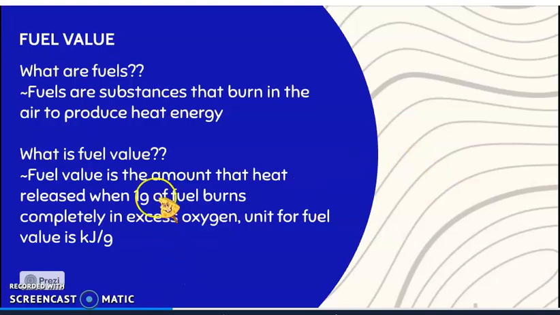Okay, maksudnya fuel value ini adalah jumlah haba yang dibebaskan apabila 1 gram bahan api terbakar dengan lengkap dalam oksigen. And the unit for fuel value is kilojoule per gram. Kalau unit for heat of combustion, kilojoule per mole. But for fuel value, the unit is kilojoule per gram.